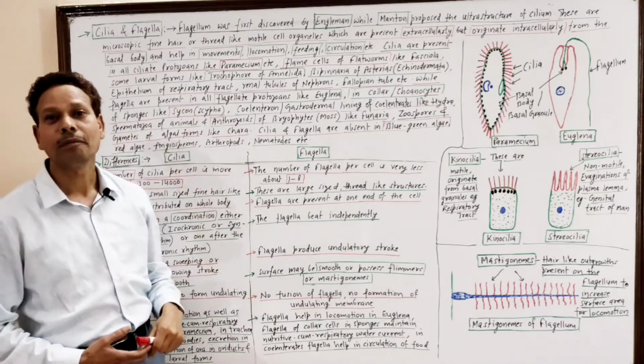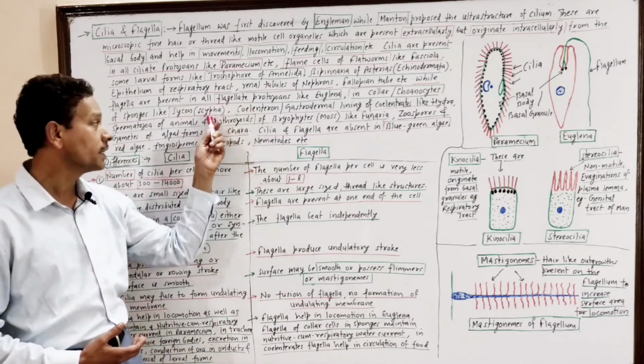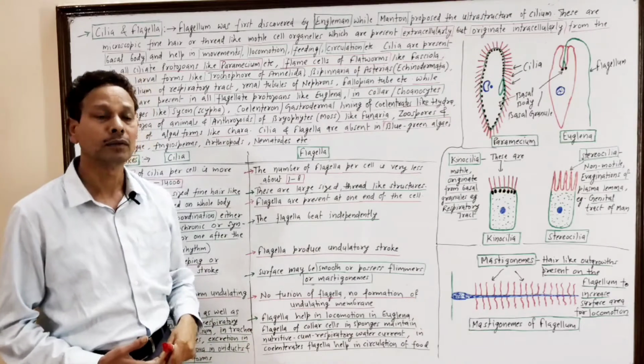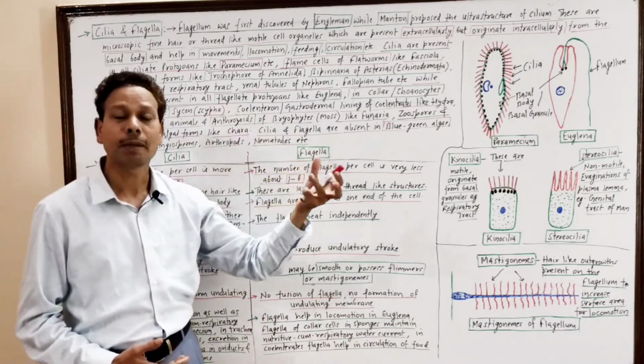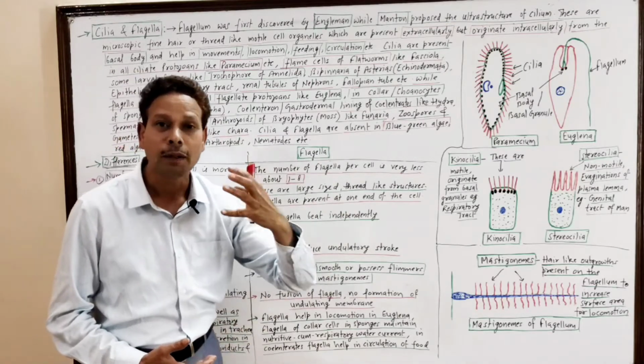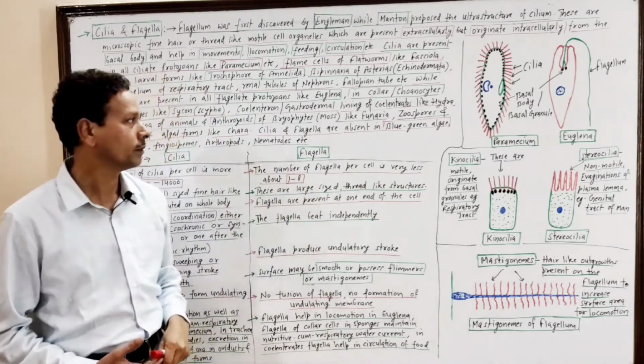In case of male gametes, spermatozoa, as well as in plants, bryophytes, like Funaria, the antherozoids, the male gametes, possess flagella. Here, the beating of flagella maintains movements and locomotion.